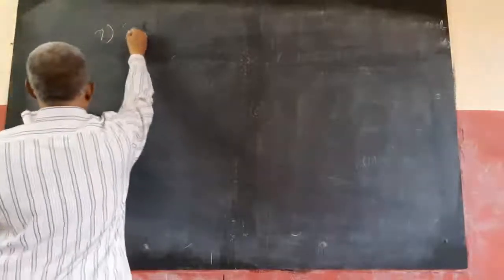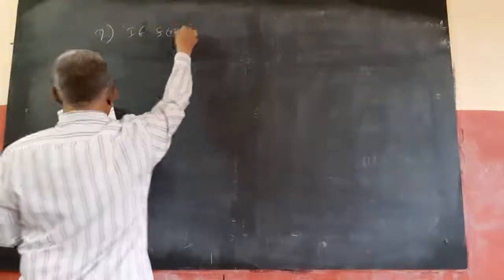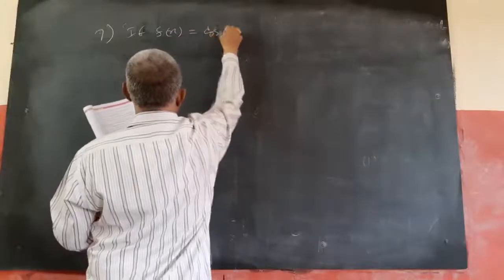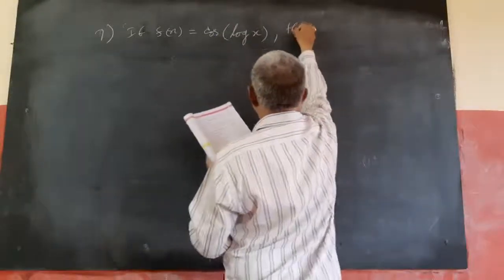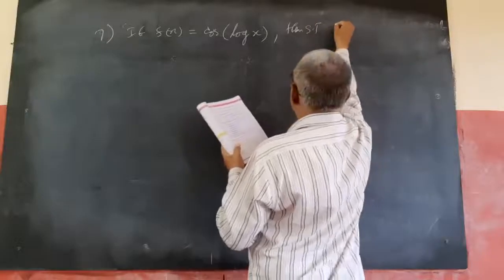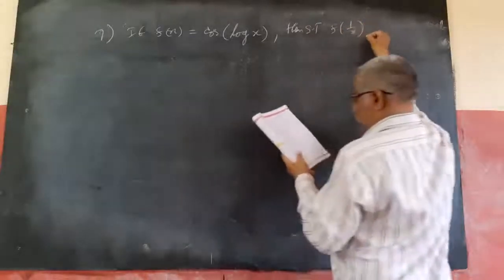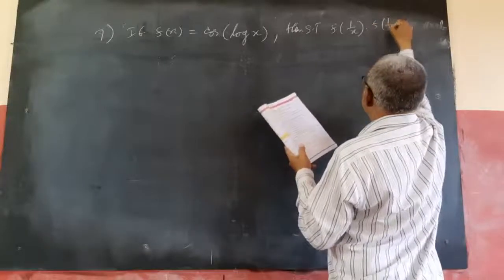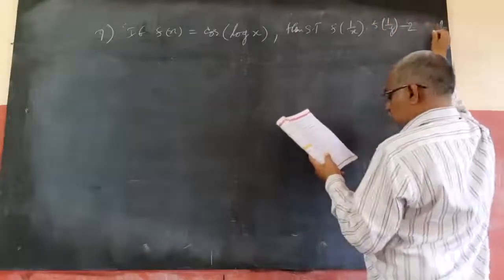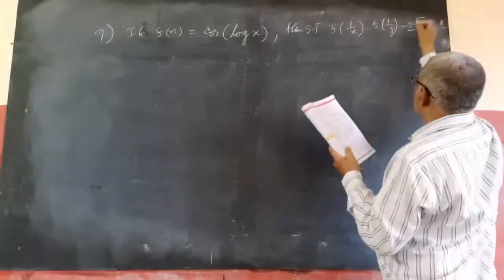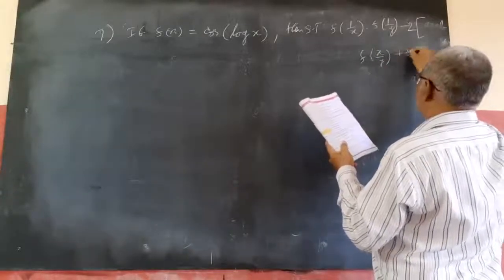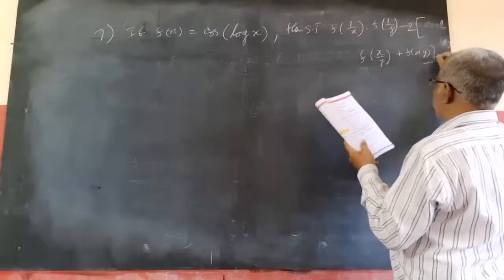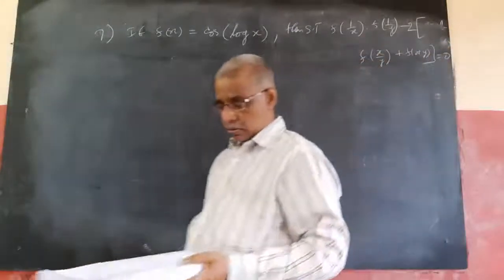Next one. If f(x) = cos(log x), then show that f(1/x)·f(1/y) − (1/2)[f(x/y) + f(xy)] = 0.